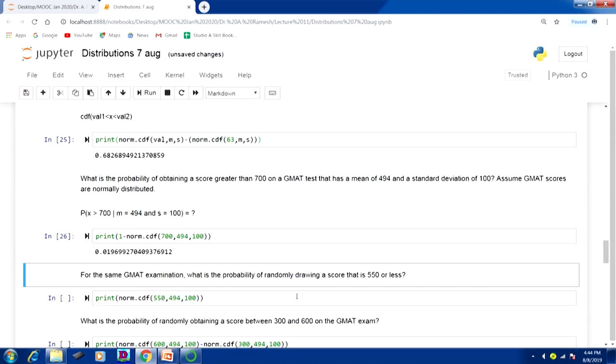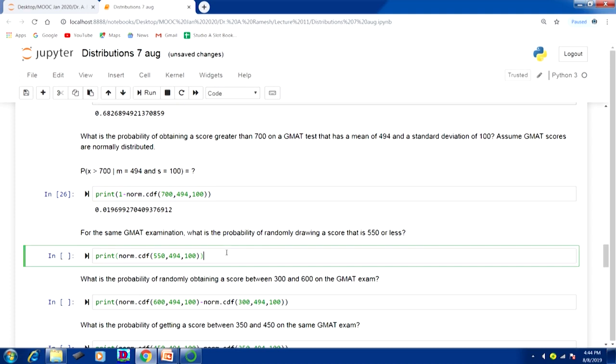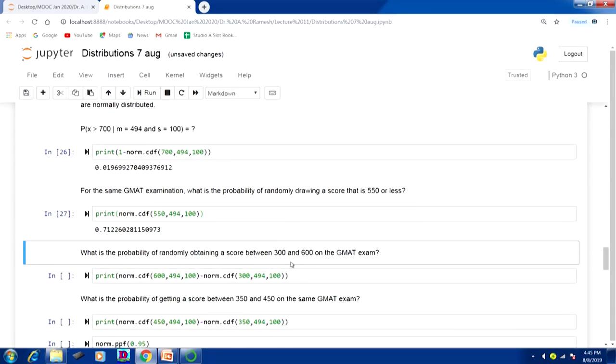What is the probability of randomly drawing a score of 550 or less? So, we have to read x value less than or equal to 550. So, 550 comma 494 comma 100 will be the answer. What is the probability of randomly obtaining a score between 300 to 600 from the GMAT examination?